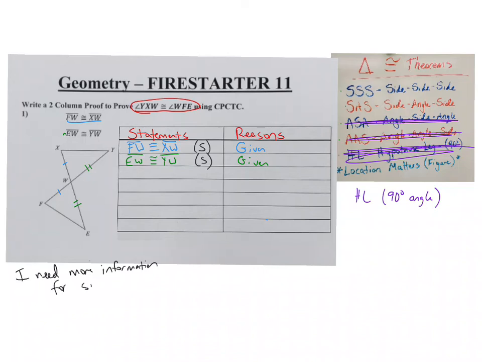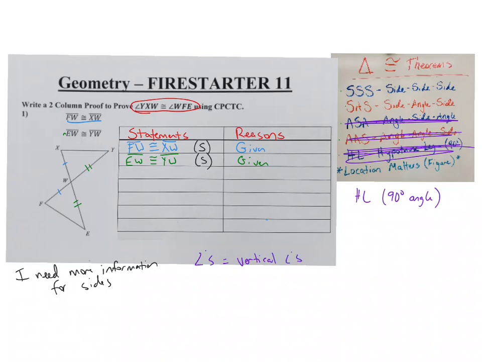For sides, the only way you can get a side congruent to a side without any specific given information is the reflexive property. That means FE and XY would have to be part of both triangles at the same time. They're not. They're two separate lines. That's usually when something is congruent to itself. With angles, I know that I could use vertical angles.